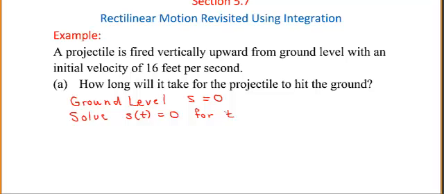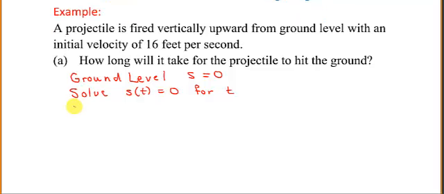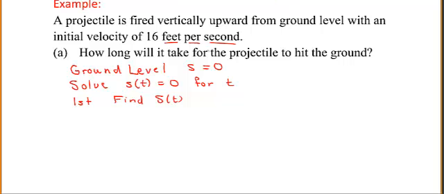Well, first of all we have to find S. Now, this is an object that's under the acceleration of gravity. Since we were given units in feet, we'll use that the acceleration is negative 32 feet per second squared.